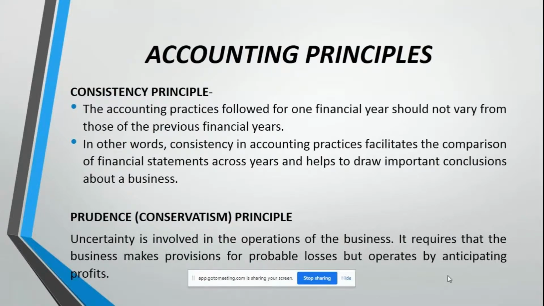The last one we have is the prudence or the conservatism principle. So, what does this prudence or conservatism principle say? First of all, what do we mean by prudence or conservatism? Simple. This prudence or conservatism starts from your home itself. Now, what would happen?